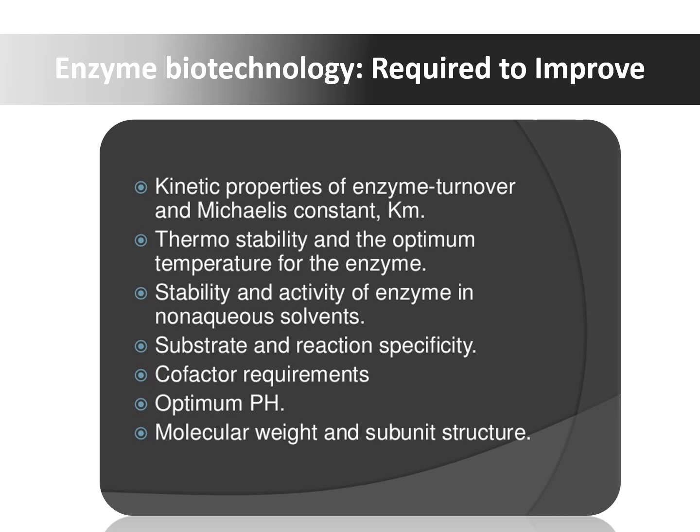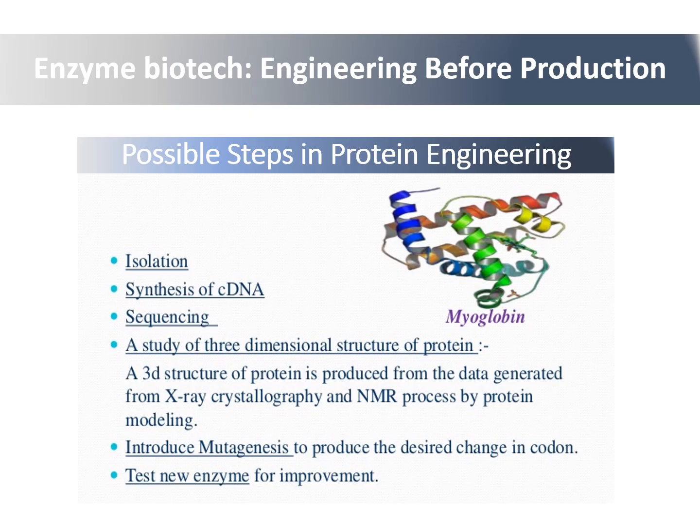Okay, so there are several steps that are needed in enzyme engineering or enzyme biotechnology. We've already mentioned isolation, but when you isolate, you need to then remove the DNA from what you have confirmed to be the best production strain of the product that you are looking for.